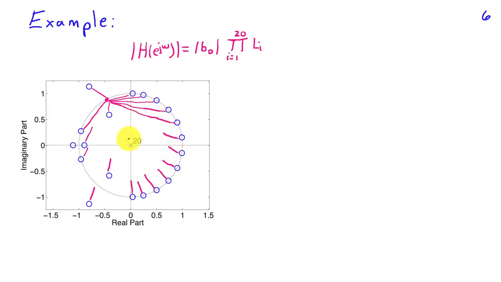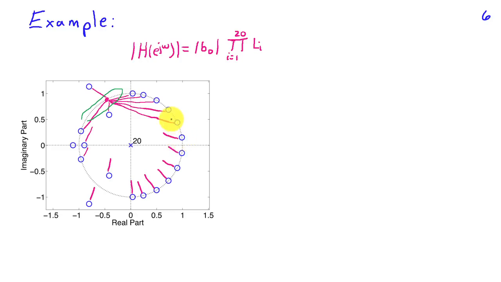We don't have to worry about the poles because those are all the same. And what you can see is that in this region, the distances to the zeros are all larger numbers. We're not close to any particular zero. So I would expect that I have higher gain in this region than I do at the very high frequencies near pi or the lower frequencies below pi over 2.